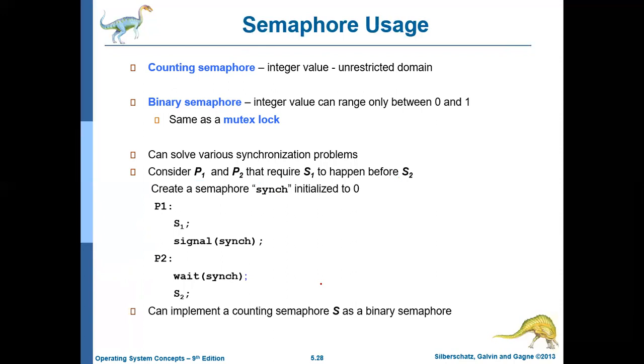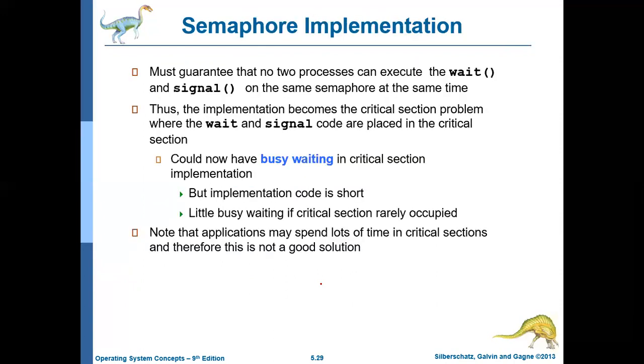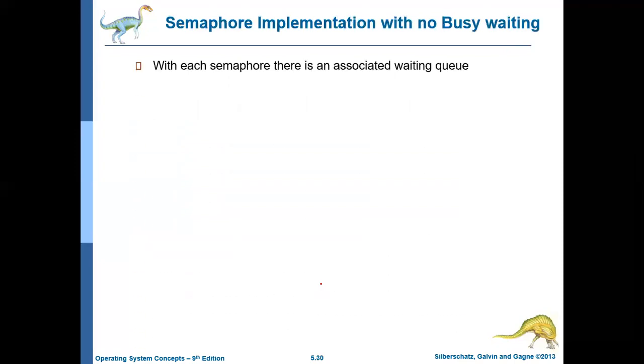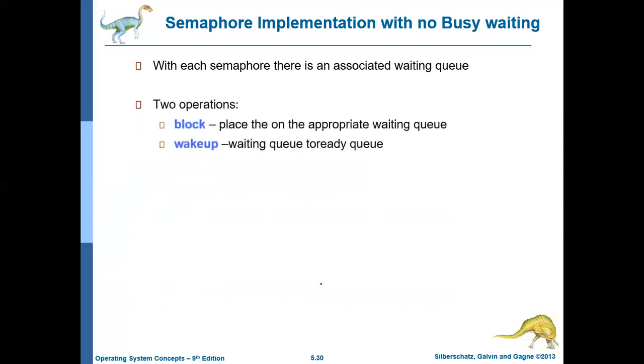Now the disadvantage of the semaphore is the spin lock. Just like how mutex lock suffers from the spin lock problem, semaphores also suffer from busy waiting. But this problem can be rectified by using a waiting queue instead of performing busy waiting.